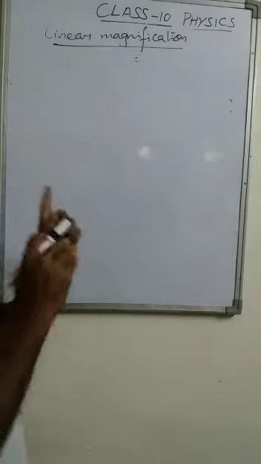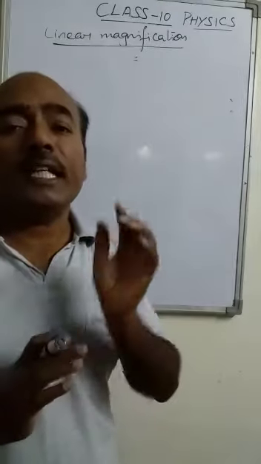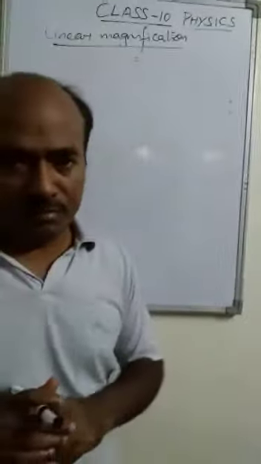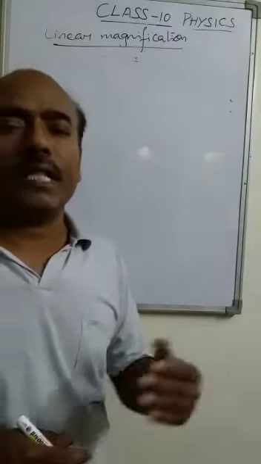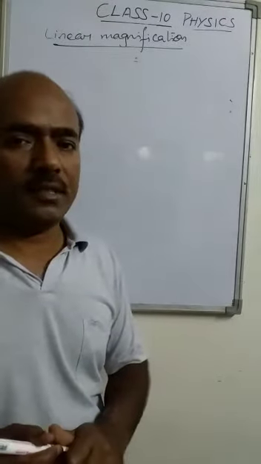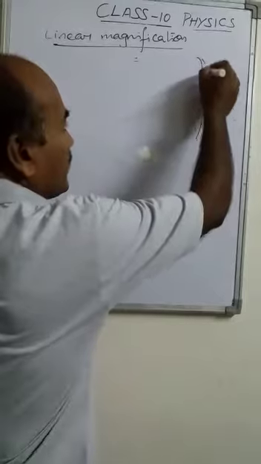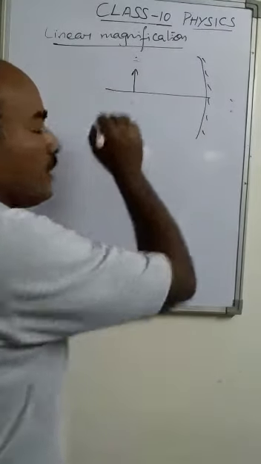So the linear magnification, in which we consider the object placed in front of the mirror, is one dimensional. It has only one measurement, that is length or any one value. Suppose we take any mirror, a concave mirror, and in front of it an object is placed anywhere.